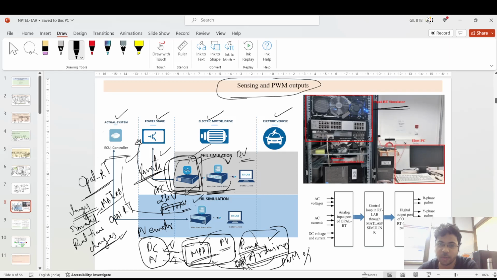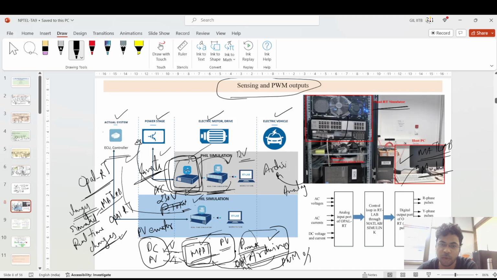If you see the right side figure, in the upper portion, I have shown one Opal RT simulator. You have one host PC where the MATLAB platform is there, where you implant your codes or model for this real-time behavior, and you have IO ports.